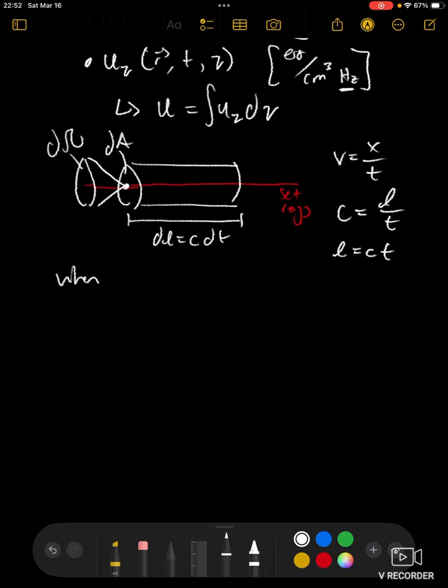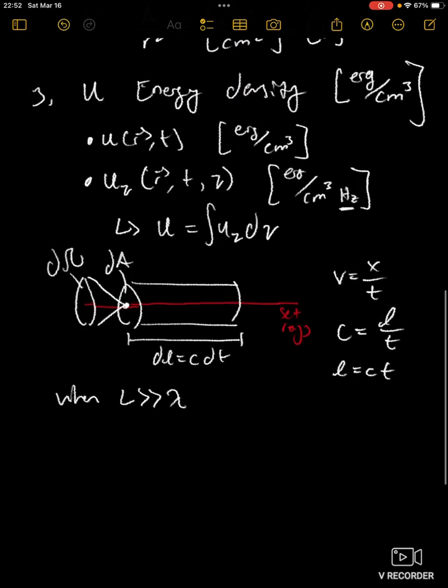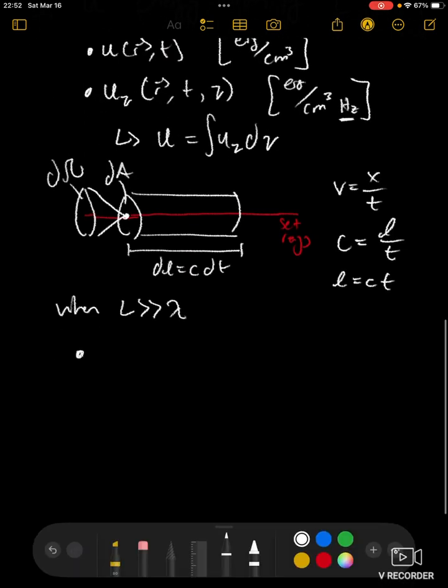Also, things to note, since this is macro, we need that length to be much larger than the wavelength, or else that is going to cause a lot of problems. It won't work, pretty much. So we want this in terms of the energy.